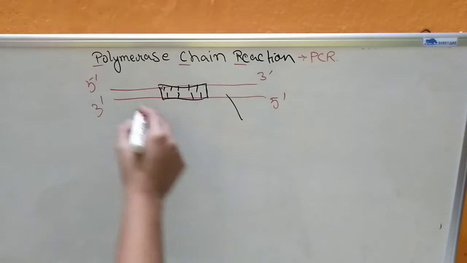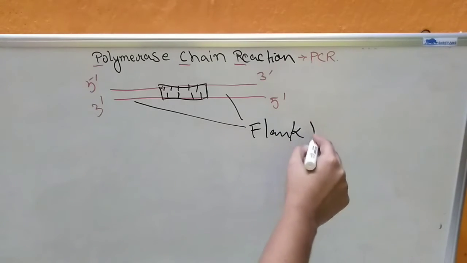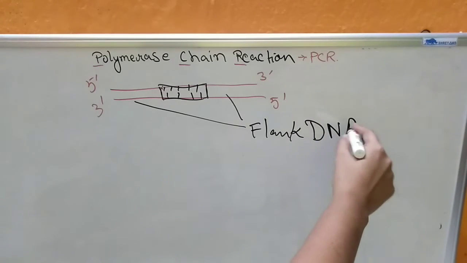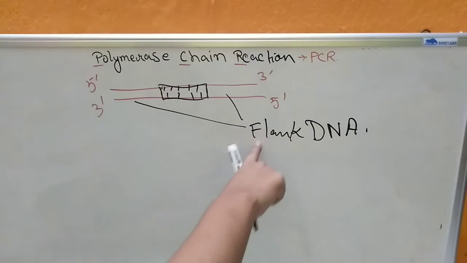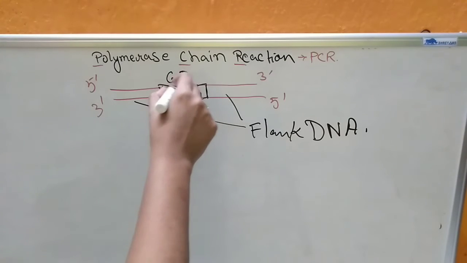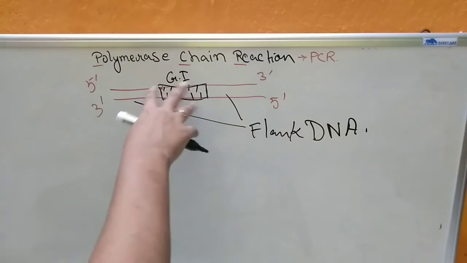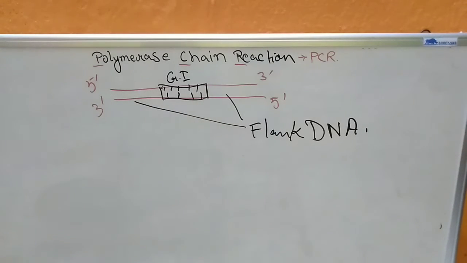These are known as flank DNAs. The flank DNAs protect the gene of interest, sometimes known as the GI, normally from any kind of enzymatic action.